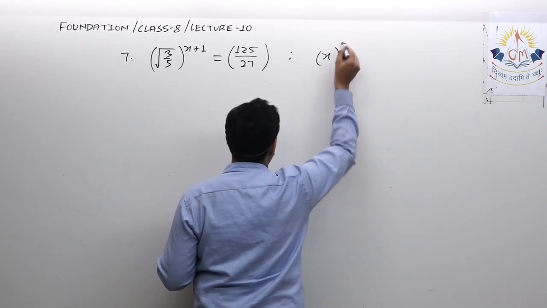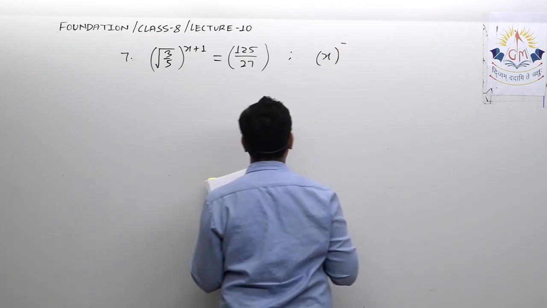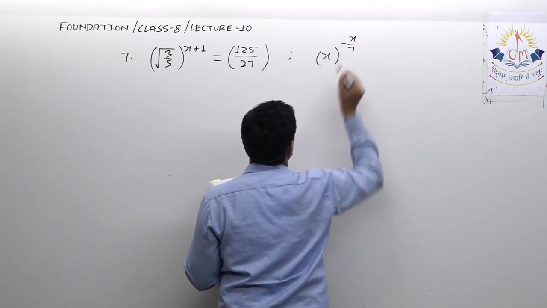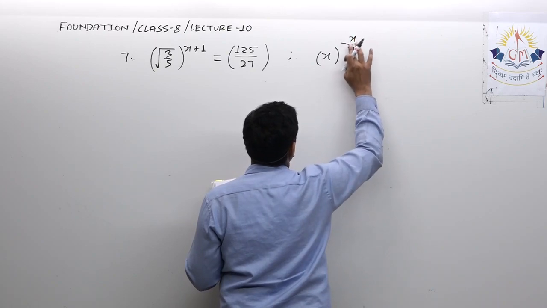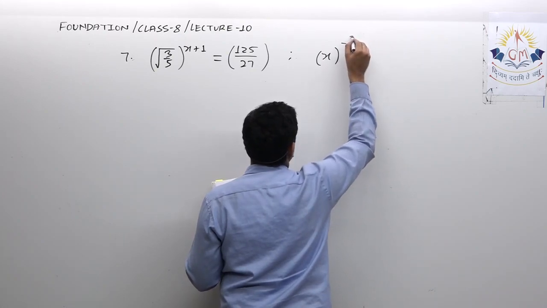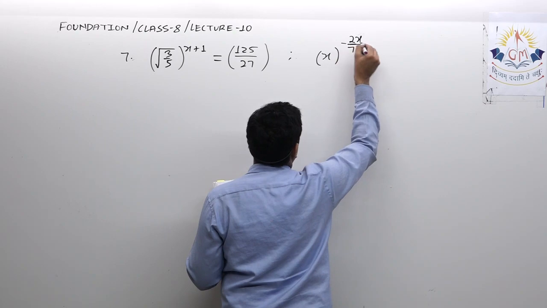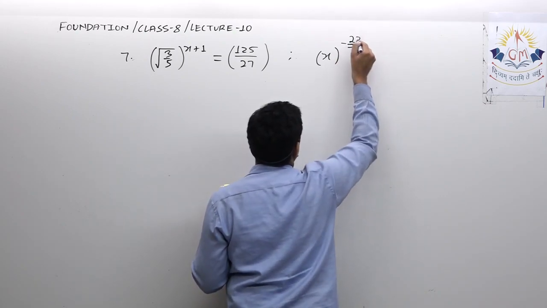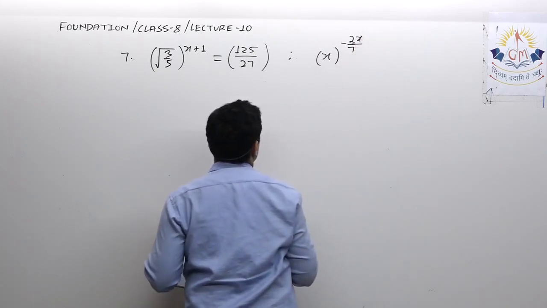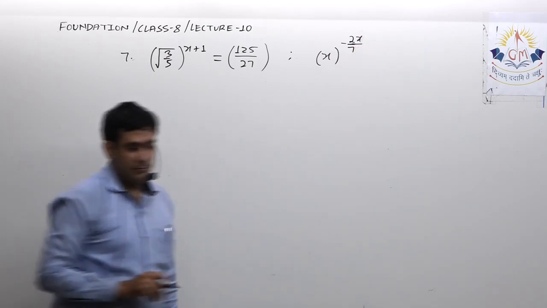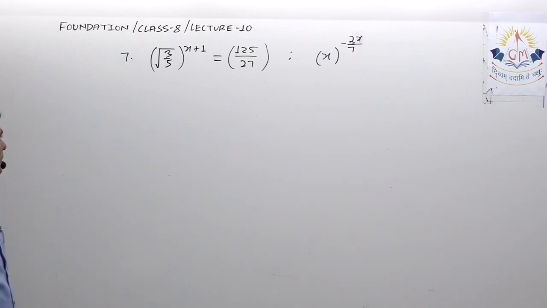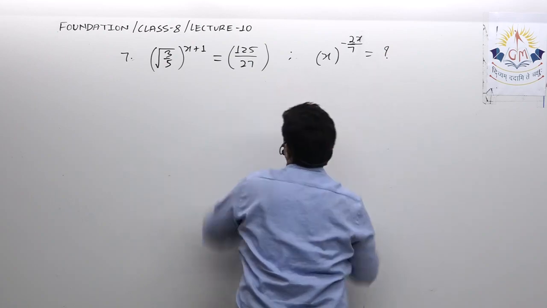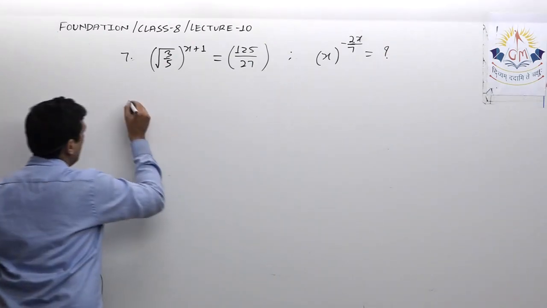Then find the value of x raised to minus 2x upon 7. Okay, so to get the value of this, ultimately I need the value of x. So let us see how to solve this.